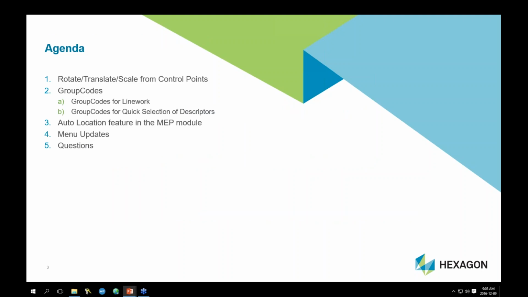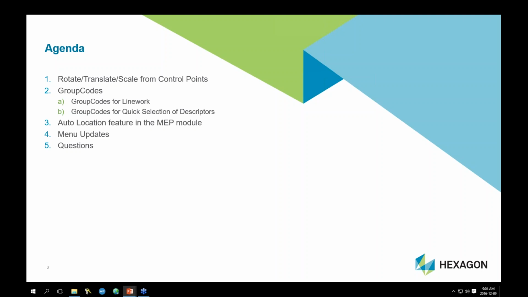Here, I'll just go over the agenda. First, we're going to have Mark Cahill teach us a little bit about the rotate, translate, and scale from control points feature. It's a feature that his company has beta tested, and they actually have a bit of history with this feature. And then we'll move on to group codes. I'll show you some examples of this new feature. Group codes in general is a way of taking commonly used field codes and accessing them quickly.